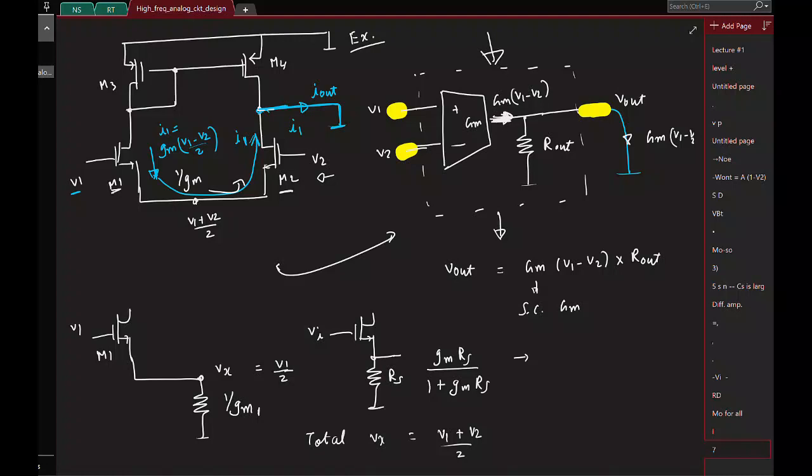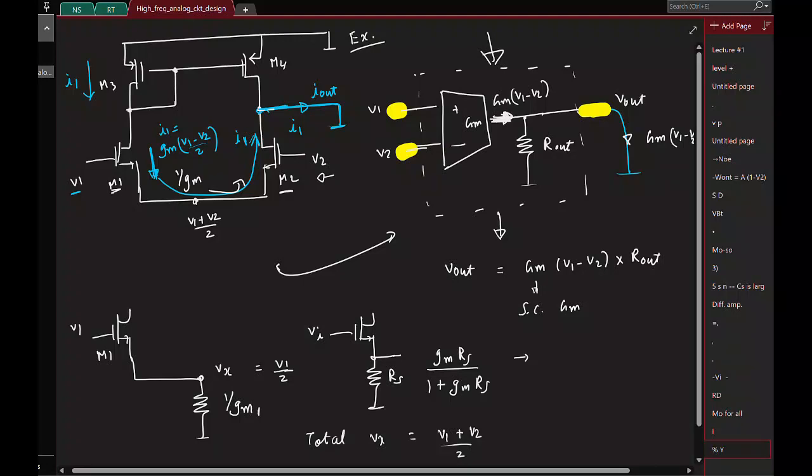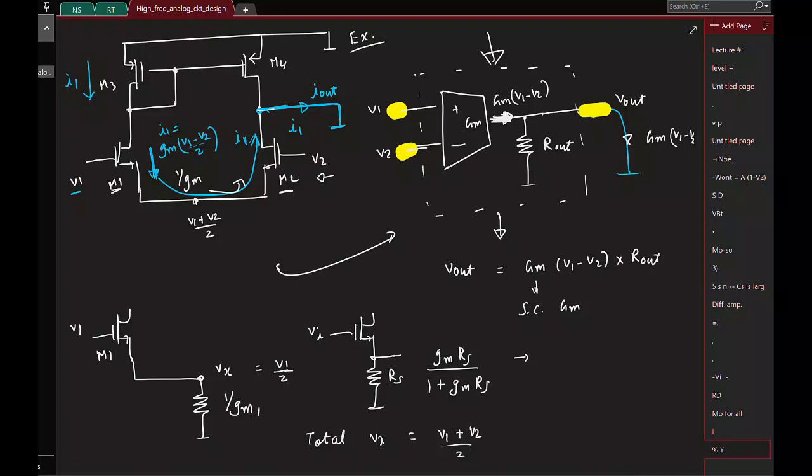But mind you, the story doesn't end. Remember, this current I1 also flows through M3, right? And M3 and M4 is a current mirror. So whatever current is flowing into M3 will be copied onto M4. Okay, so what is the current flowing here? That is also I1. Is that okay?